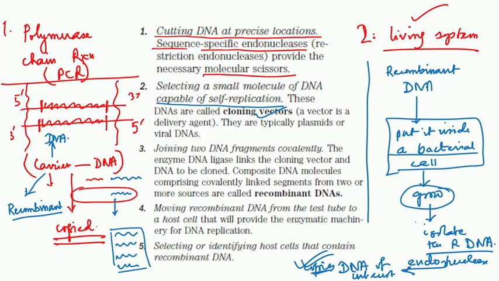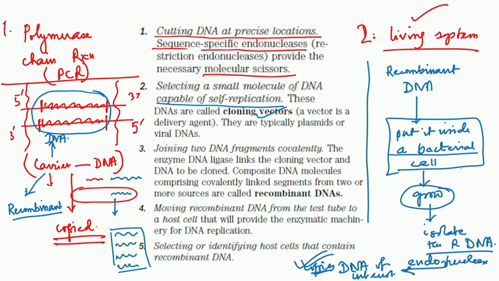Later on it was found that suppose this is your insulin gene, and if you can take the human insulin gene and put it as a recombinant DNA inside a bacterial cell via this cloning technology, then what will happen?